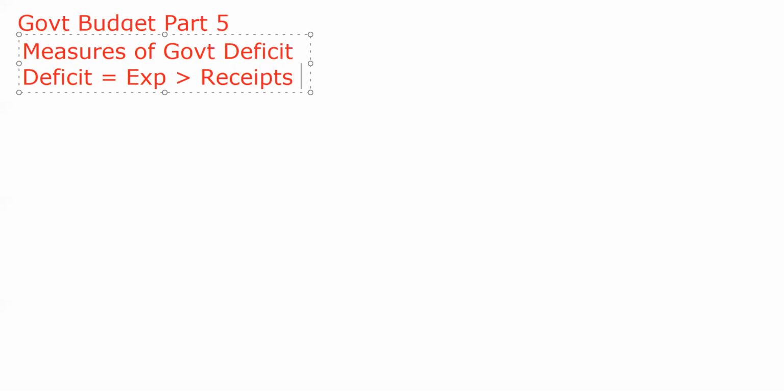It's known as the deficit. So what do we mean by government deficit then? Government deficit refers to the excess of total estimated expenditure over the total estimated receipts or total estimated revenue. It's known as the budgetary deficit.